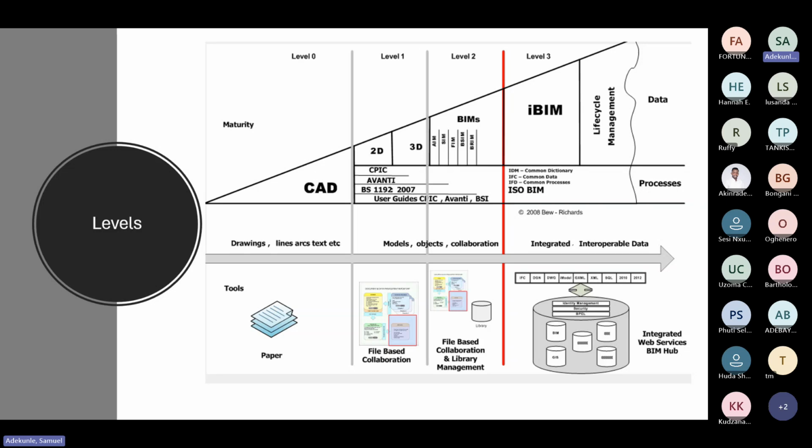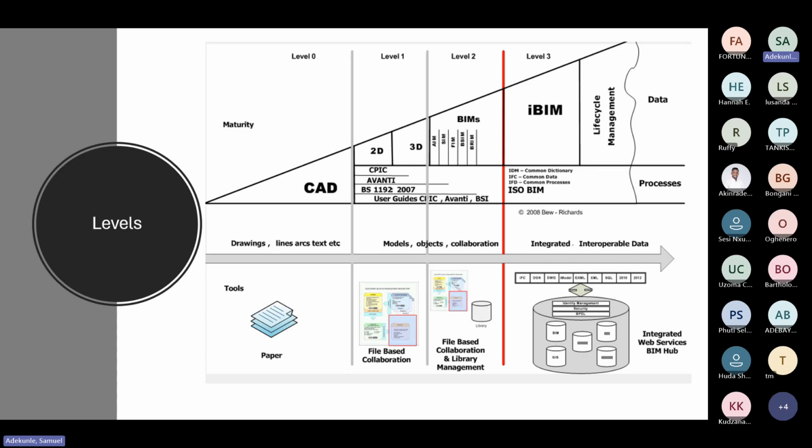Then at level 2, you're having a form of collaboration. There's proper library management, your CDE is there, and your different forms of AIM, asset information management, your PIM, etc. are there. All right. And with this, you've started using your ISO 19650, which is the basis for your well outlined CDE. Then at level 3, here you have the integration of BIM with AI now, BIM, digital twin, etc. Because at this point, you are having interoperable data.